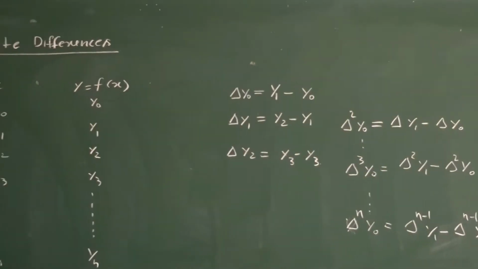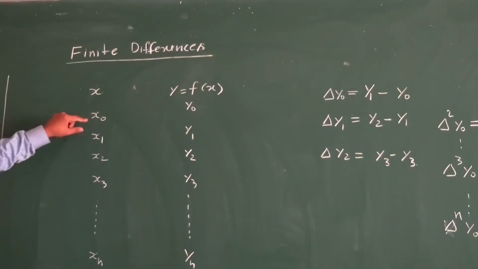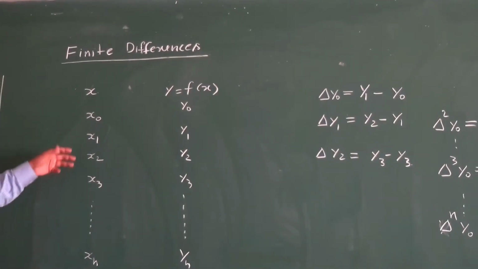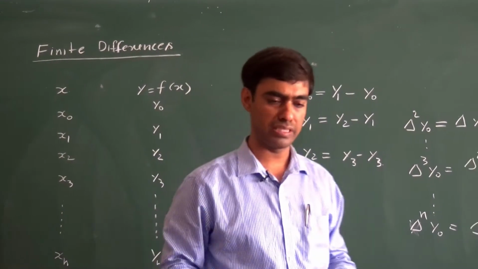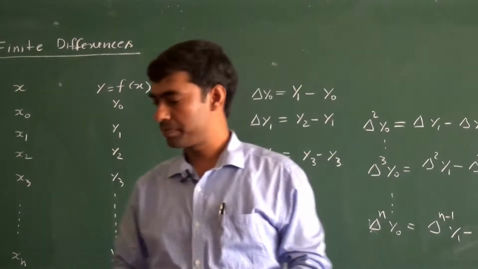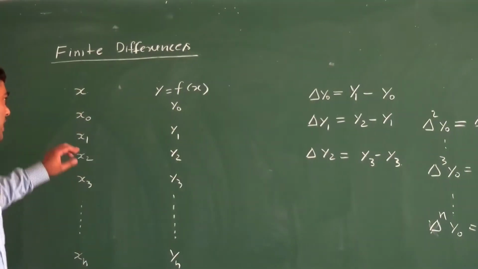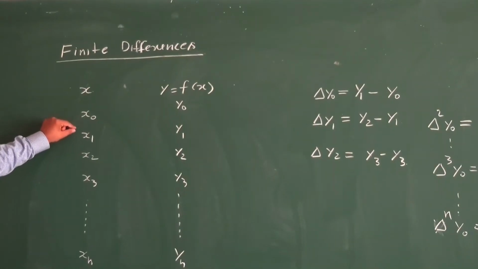In general, it is not necessary, but from a practical point of view, we assume an equal class interval, meaning the difference between two successive values is always equal. Then we say that this is data for an equal class interval.